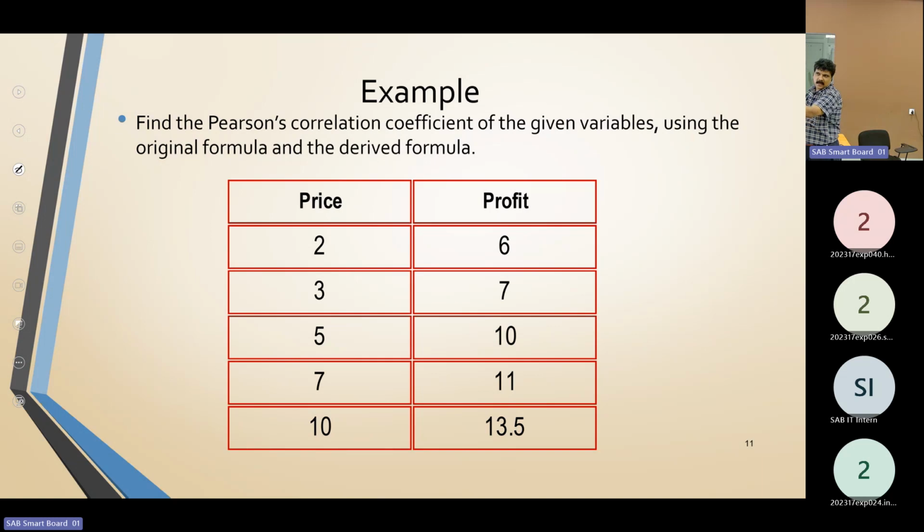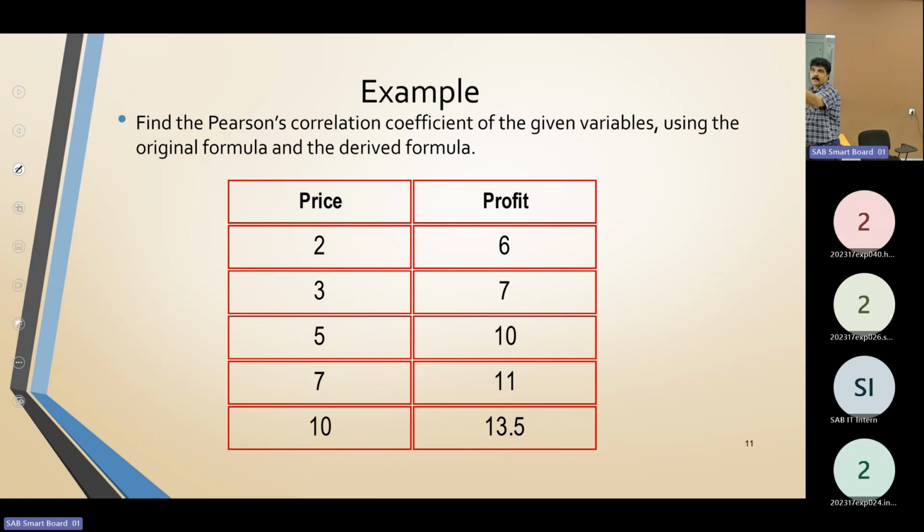Why? Because there is a variation in price. So combining both, 97.2% of the variation in profit can be explained through the variation in price. That's the interpretation.